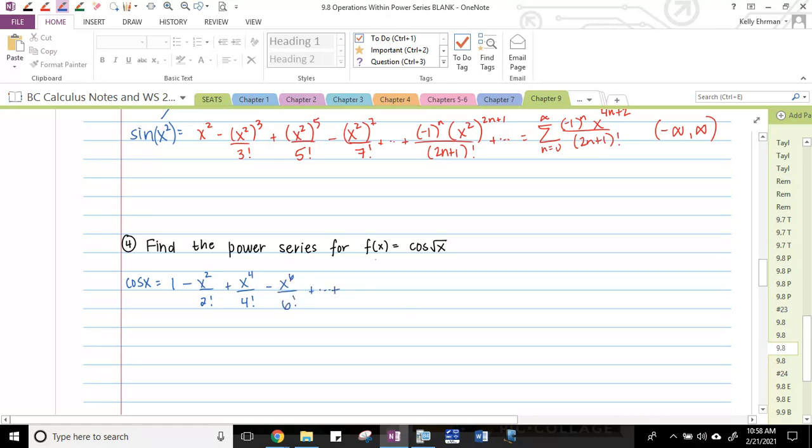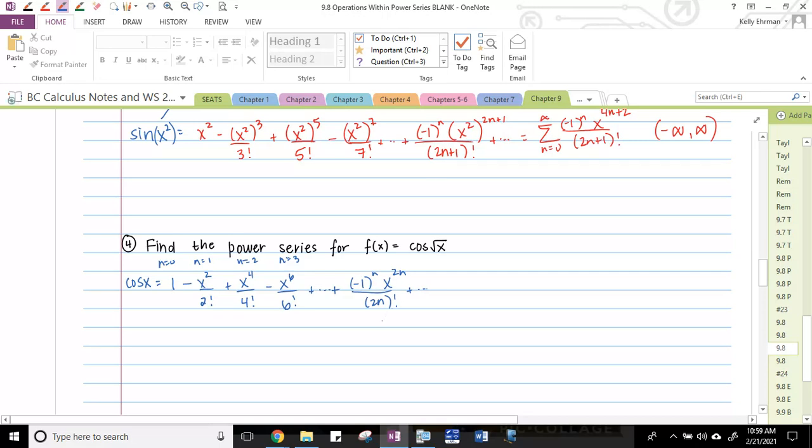What's the general term here? Again, they're alternating. Remember, this is n equals 0, 1, 2, 3. So it's negative 1 to the n, x to the 2n over 2n factorial. I kind of think of it as like cosine is the easier nth term, like it has less to it, doesn't have the plus 1 in there.